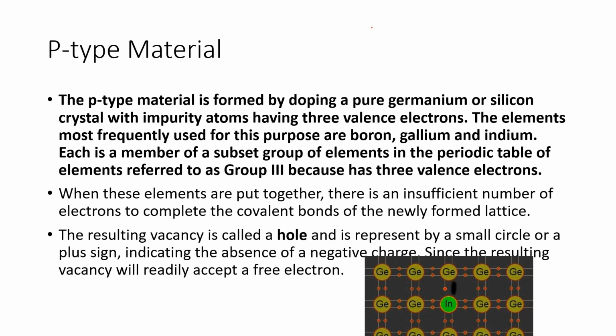If you dope that element inside of the lattice of the pure intrinsic semiconductor, then what you're going to see is that 2 out of the 3 electrons are going to go into sharing to create that covalent bond. And let me restructure that.